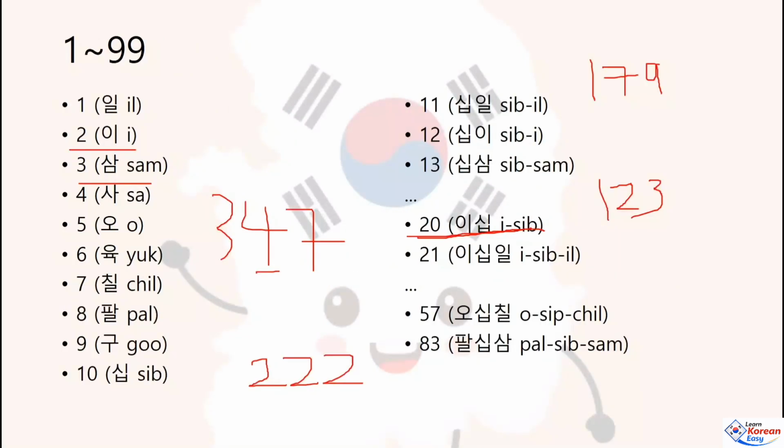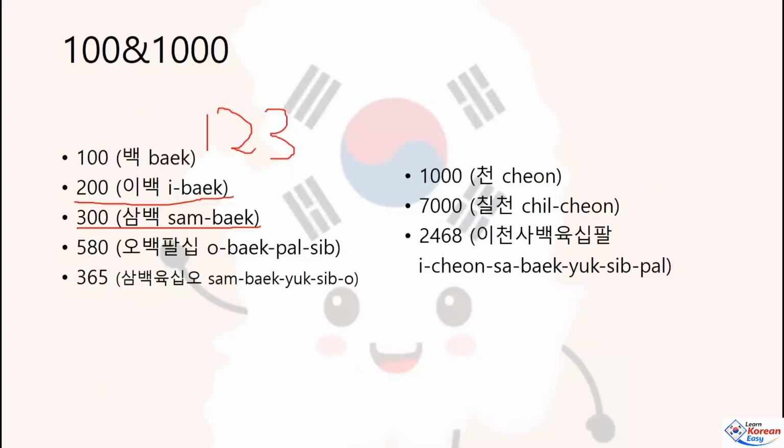The 10th place, 40, 47, 7, 347. Very good. Okay, I'm sorry. How about 580? Yeah, 580. What is that? That's 580. Okay, then 365.